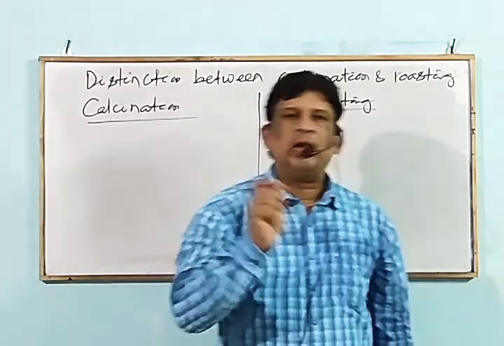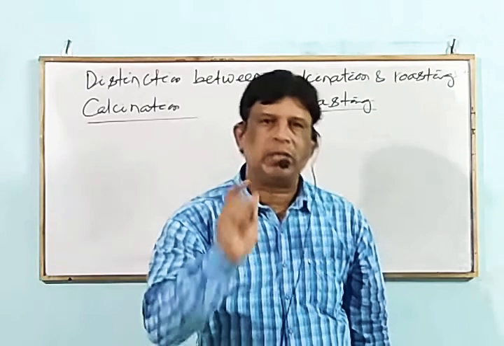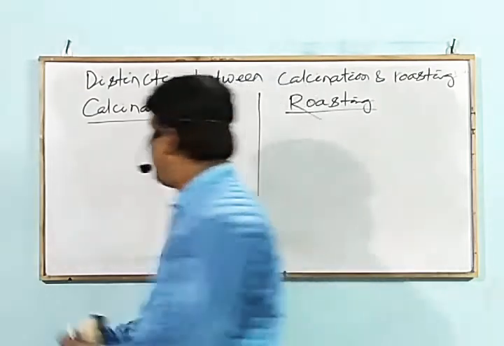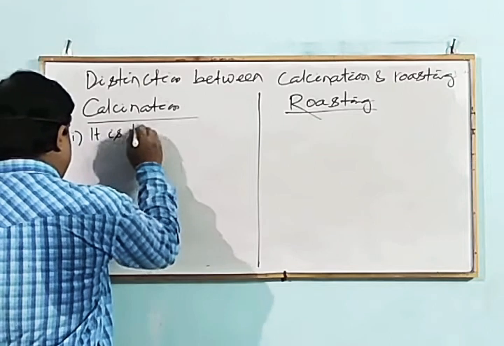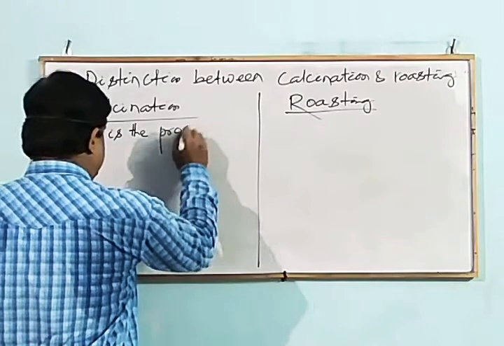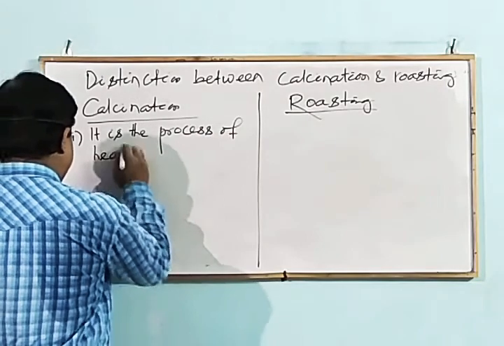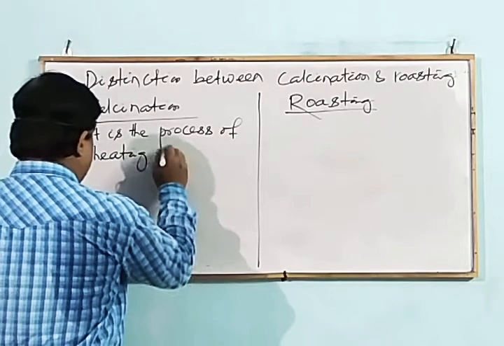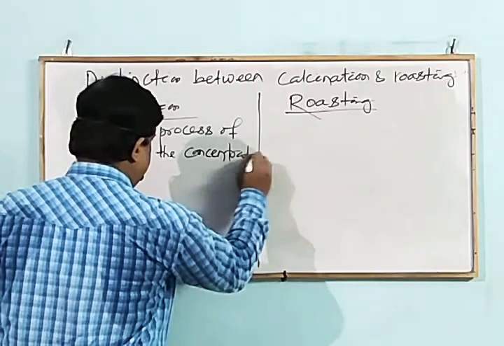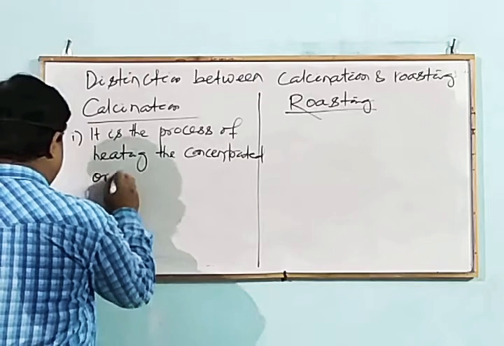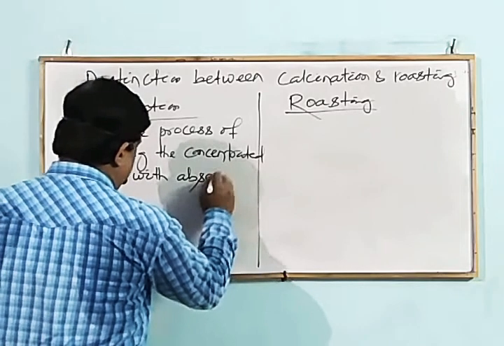While writing the difference, always focus on point 1, which is the definition. Calcination: it is the process of heating the concentrated ore in absence of air.